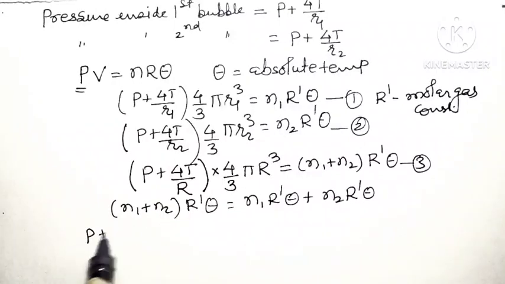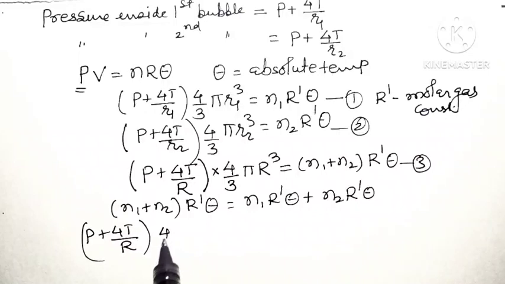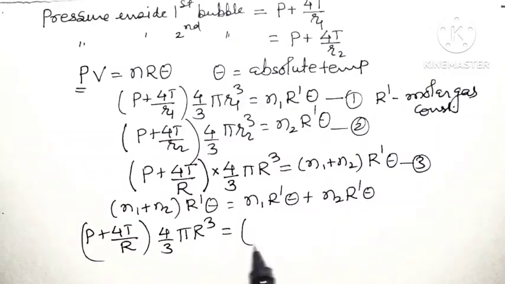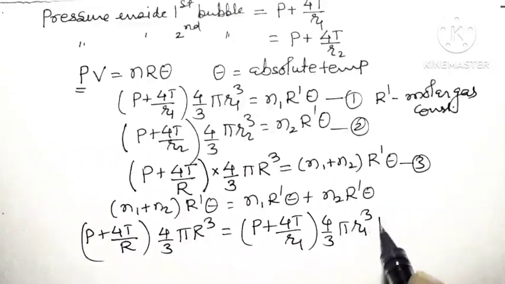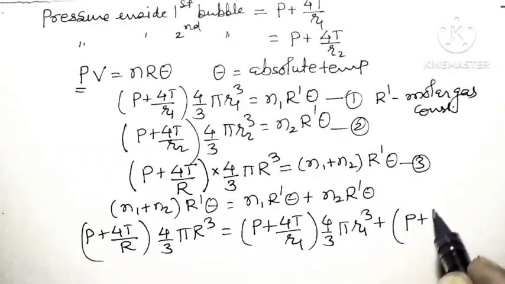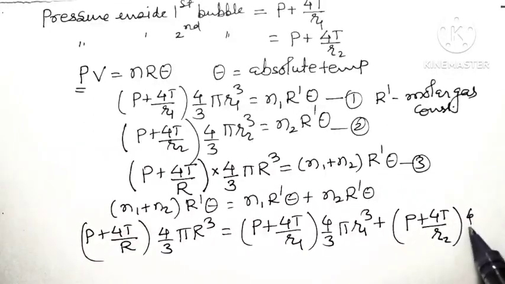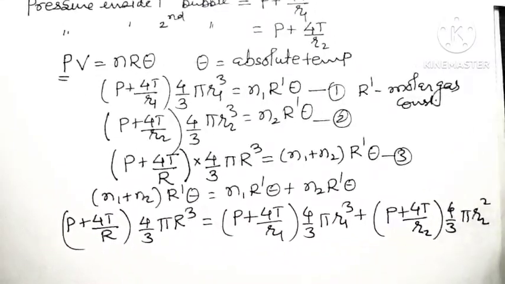So it is P plus 4T divided by R into 4 by 3 pi R cube, equal to P plus 4T divided by R1 into 4 by 3 pi R1 cube plus P plus 4T divided by R2 into 4 by 3 pi R2 cube.